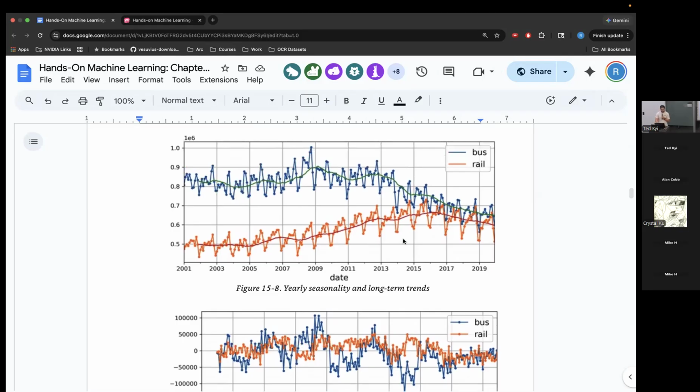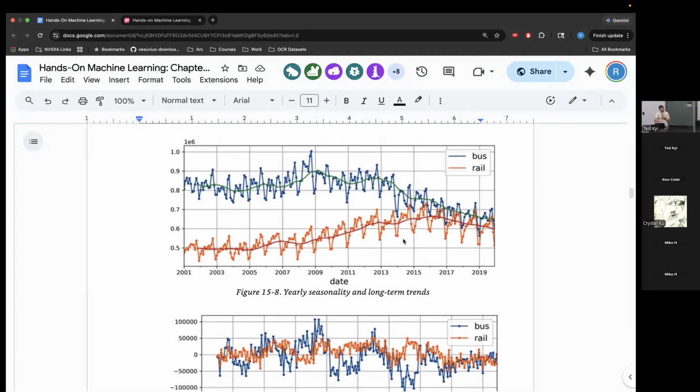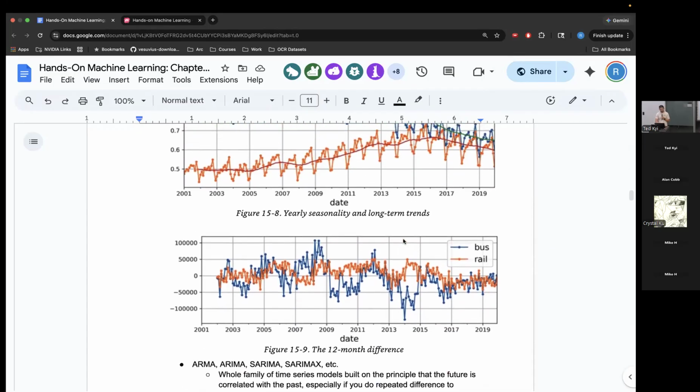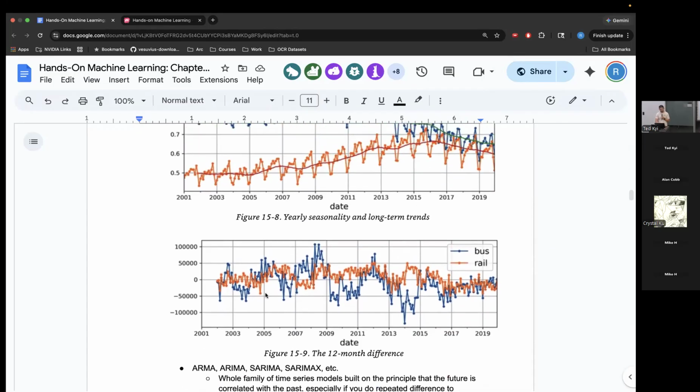So they showed there's weekly trends, but also there's yearly seasonality. So one of the things that I was talking about is you might have people tend to be using the bus more because now everyone's Ubering or something like that. So there's all these kinds of factors that you can see, like they change over time. Before we showed a weekly differencing, now they're showing a 12-month difference.